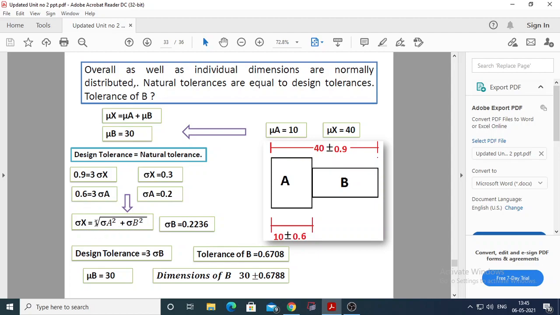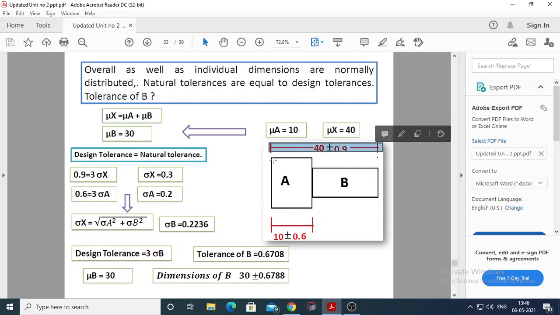Then you know how to calculate the standard deviation, root of sigma A square plus sigma B square, and you will get the sigma B value, because we know the sigma x and sigma A values. These values are given for what?